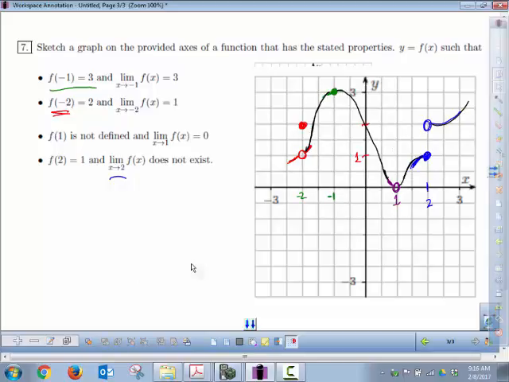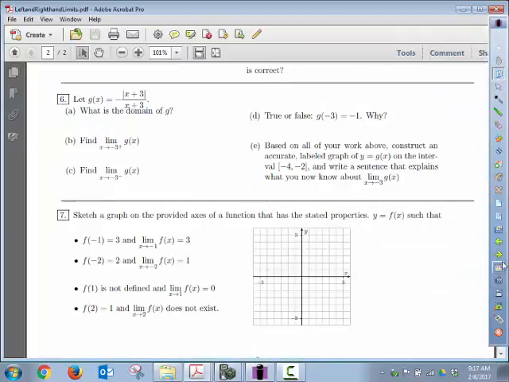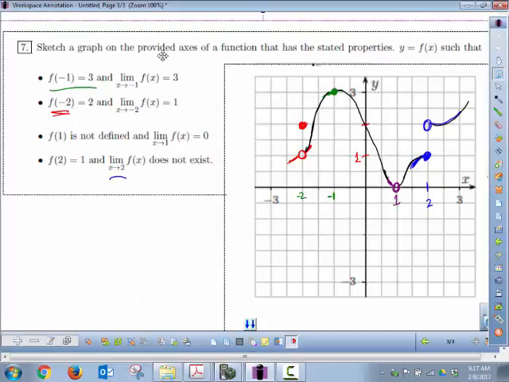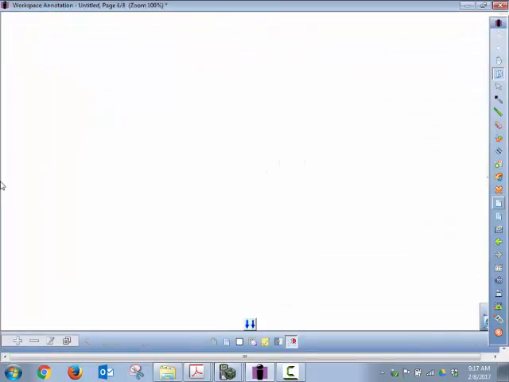It follows all the bullet point procedures. I mean, the criteria. Yes? Which part? I'm just guessing. Why don't we try it again?